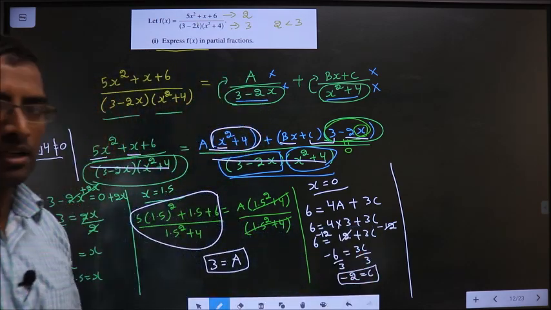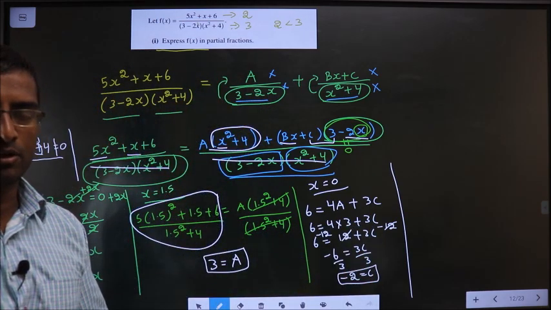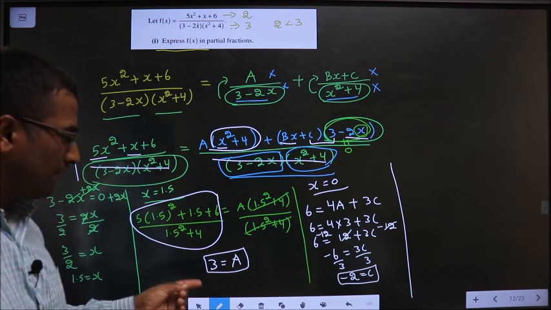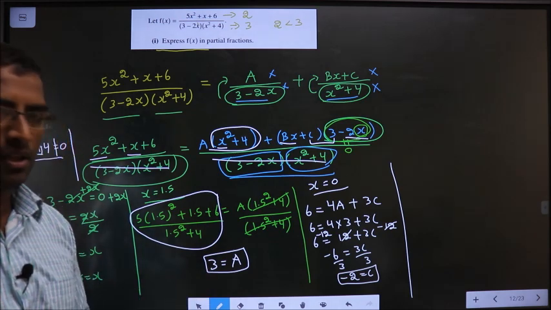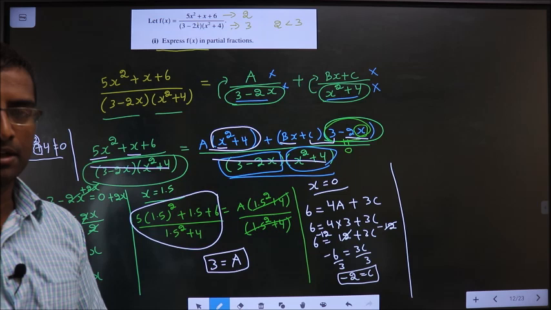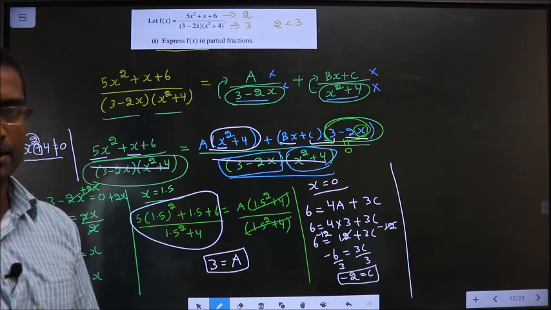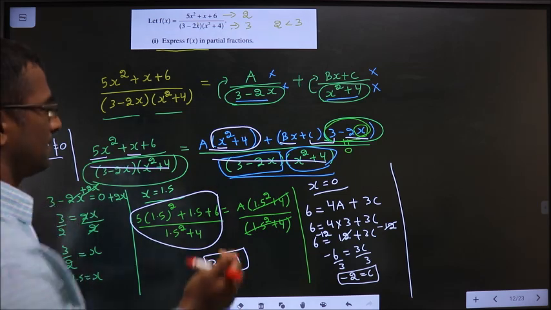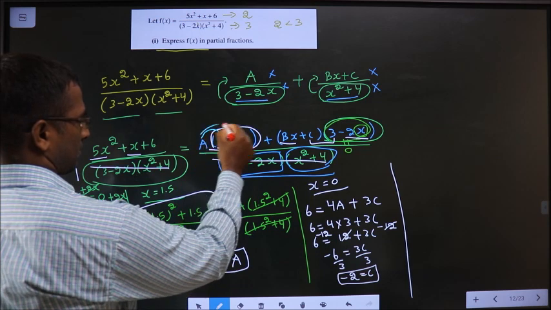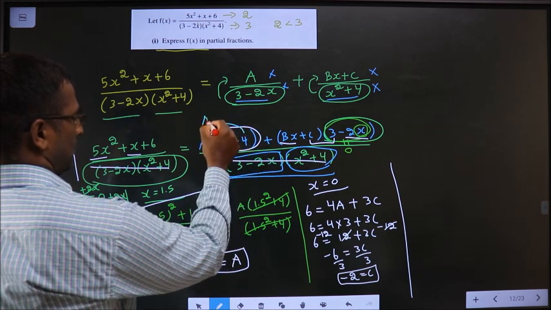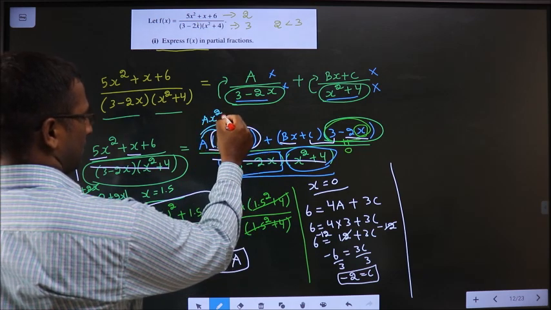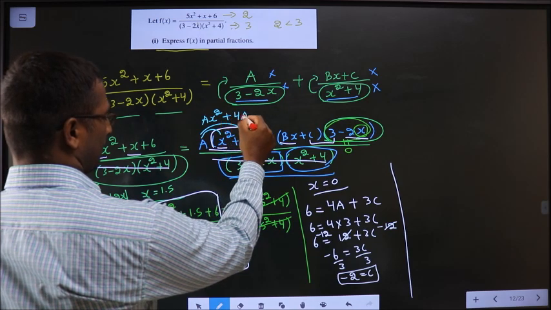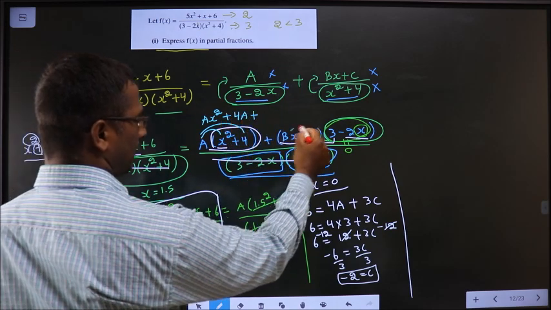Next. Now I need to do comparing coefficients to get the value of b. Whenever you want to do comparing coefficients, open the bracket. What I mean is, see, like this. So this will become ax square plus 4a, and here multiply.